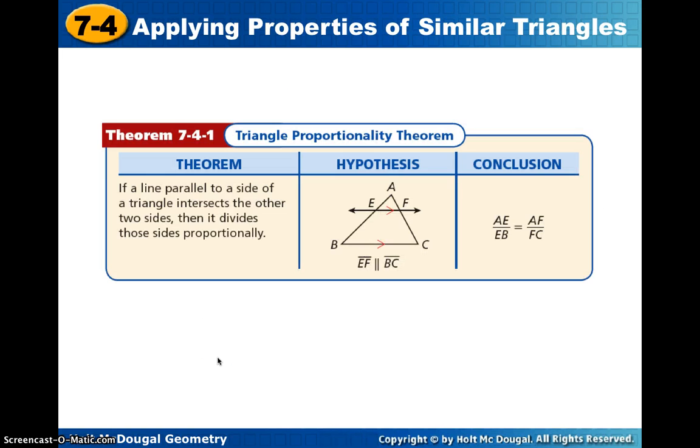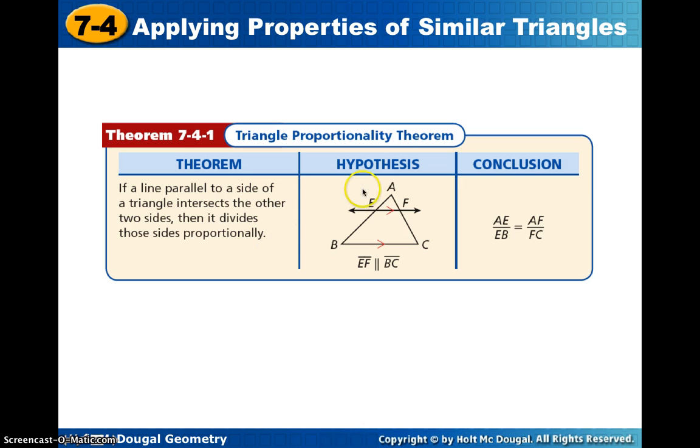So the theorem that we're looking at here is when a line cuts through a triangle parallel to one of the sides. If a line parallel to the side of a triangle intersects the other two sides, then it divides those sides proportionally.